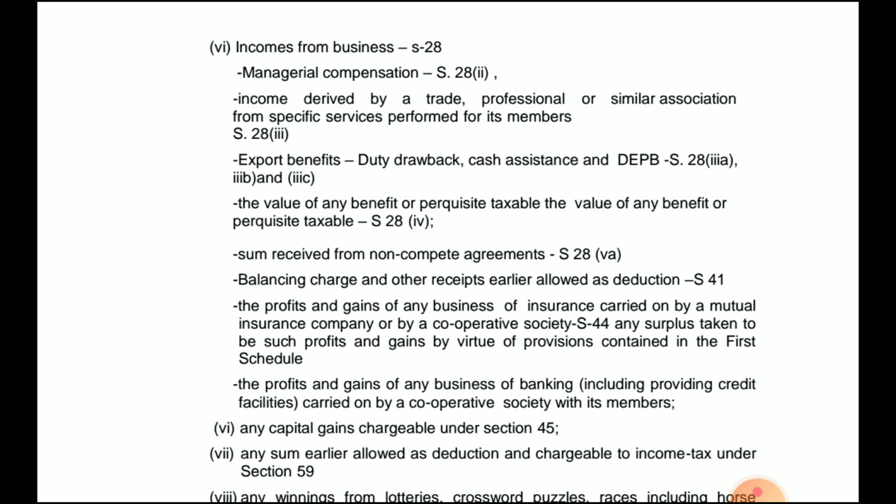Then sum received from non-compete agreements, right? If you are getting any sum received from any agreement which has been formed, if you got any sum, whether it is completed or not, or whether it is fully performed or not, that particular agreement income is also treated as income as per section 28, subsection 5a.